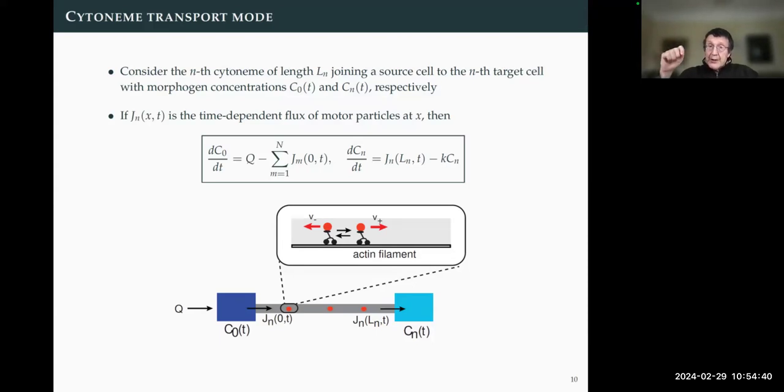The concentration in a given target will be the flux arriving at that target along a cytoneme of length Ln, and then there's utilization or degradation of the morphogens that's proportional to the concentration. So that's a compartmental model, which is simple to solve. But the next level of modeling is to ask how I determine these fluxes, and this is where one starts modeling motor-driven transport. So there are different levels that fit together for the full picture.